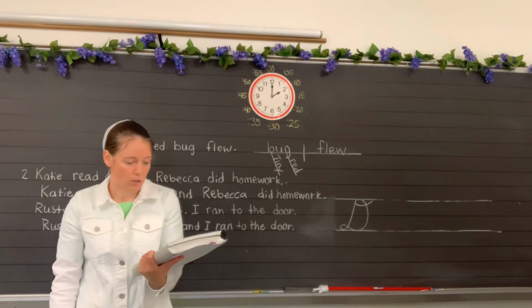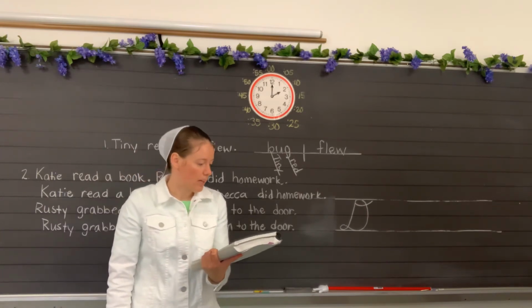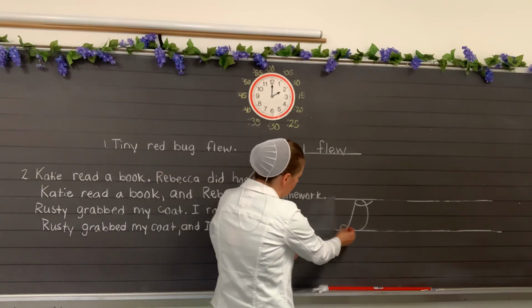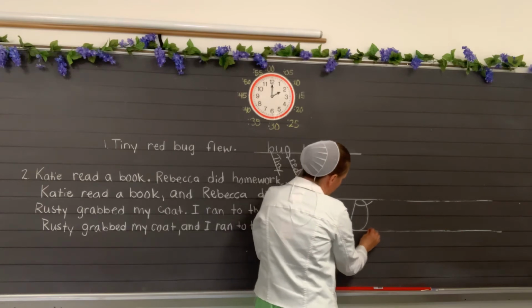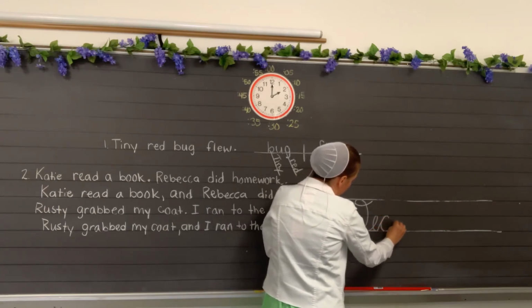Today for your penmanship, you have the words dear and Dan. So let's write December on the board. So there's our D, and the capital D does not join the lowercase, so we just start here with December.